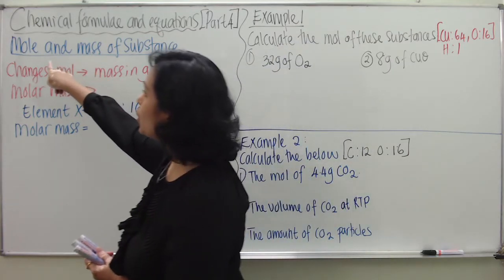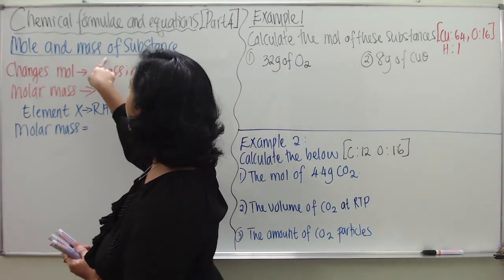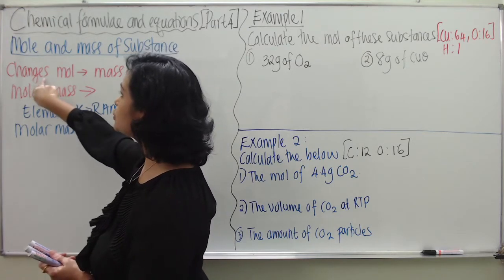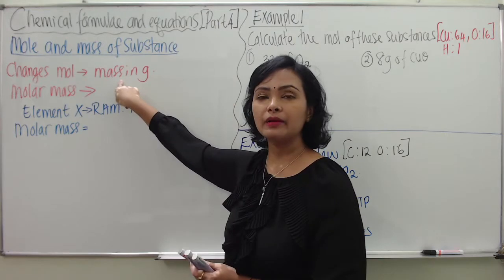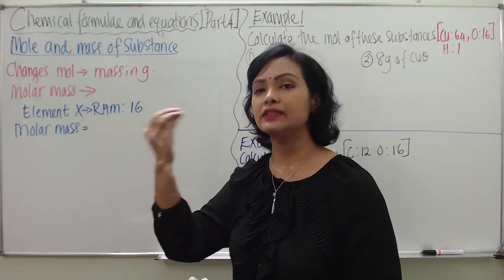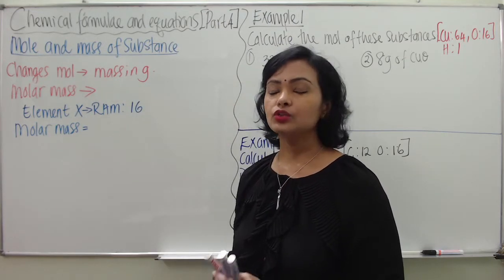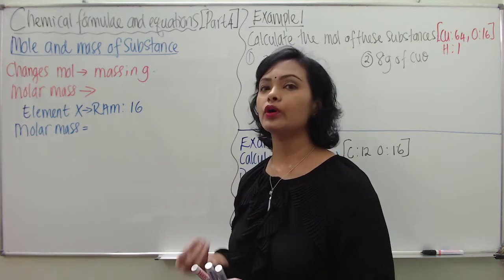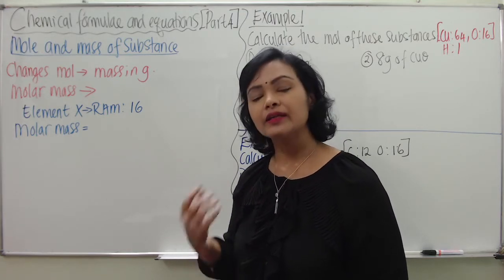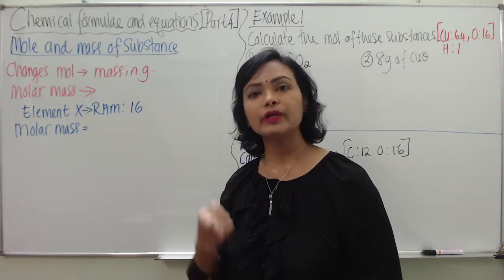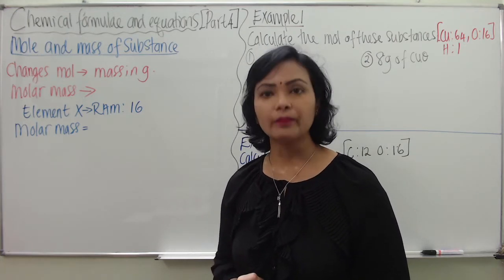How does mole help in the mass of a substance? The usage of mole changes the mass of an element or substance into the unit gram. That is the reason why it is important for students to know that the mass of an atom, thanks to mole, can be converted into gram unit.